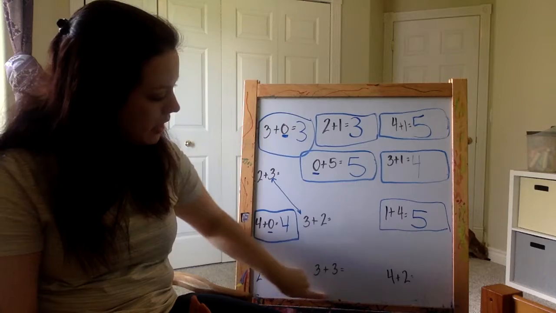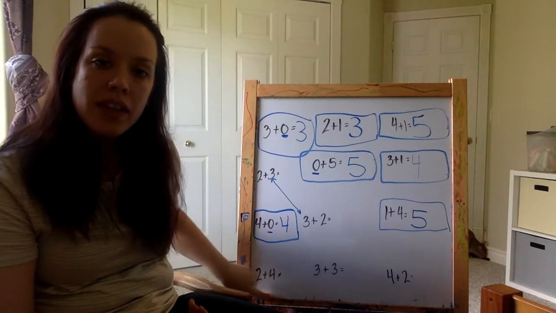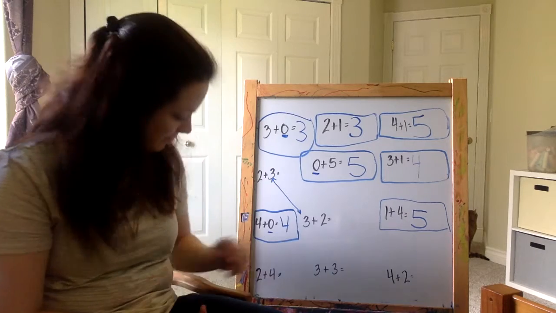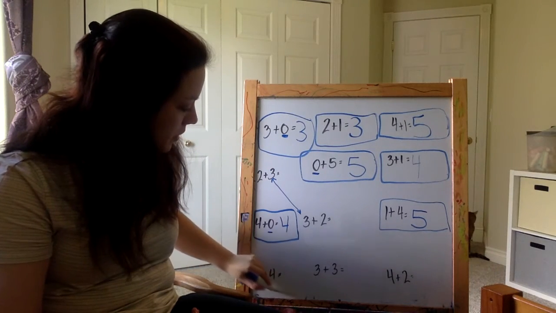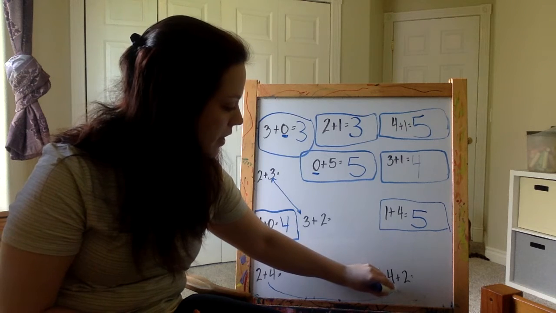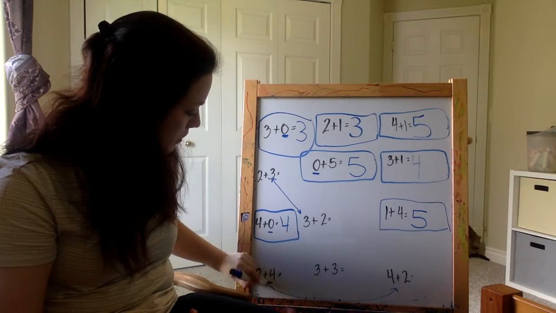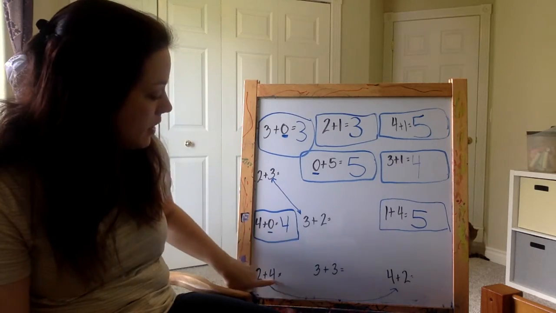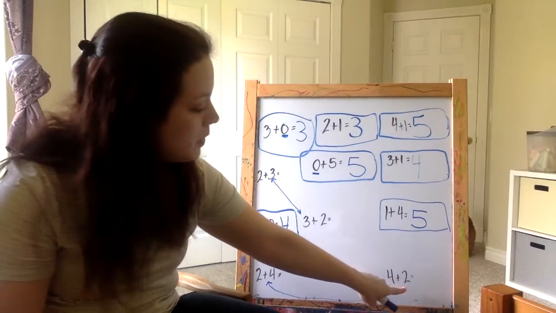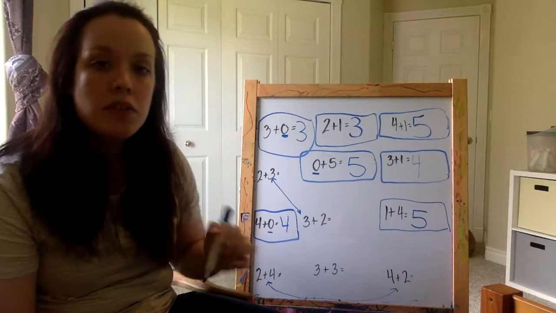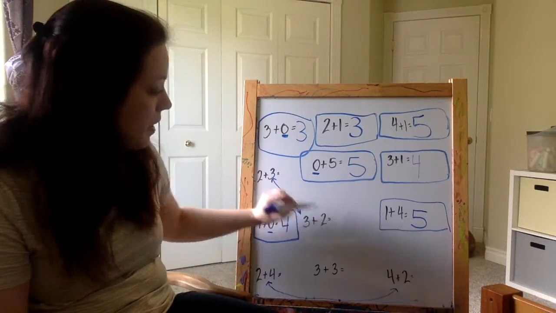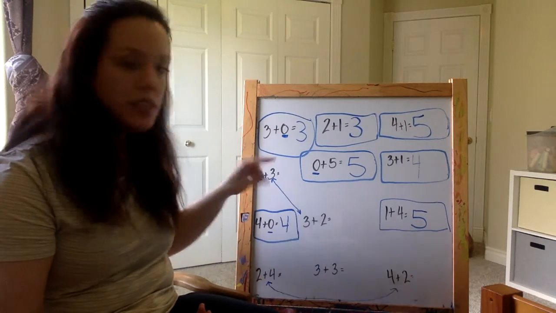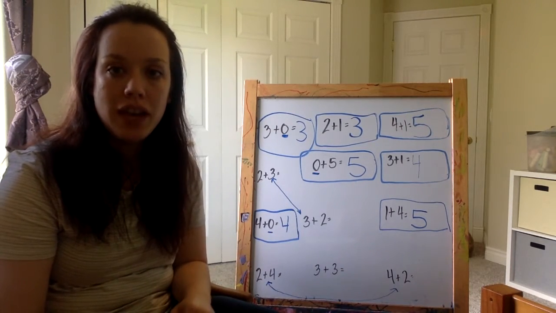Can you see any on the bottom row that might be like that as well? If you noticed 2 and 4, as well as 4 and 2, you did a great job noticing that these two numbers are the same, but just in an opposite order. So for these, all I need to do is solve one of them, and then I'll have the answer for both. So let's go ahead and we will do 2 and 3.